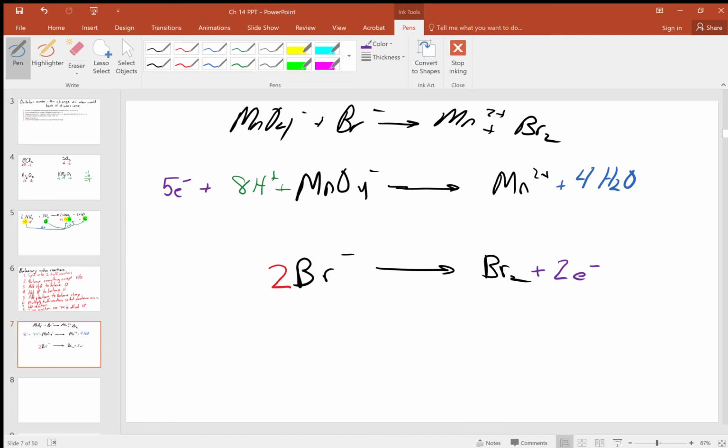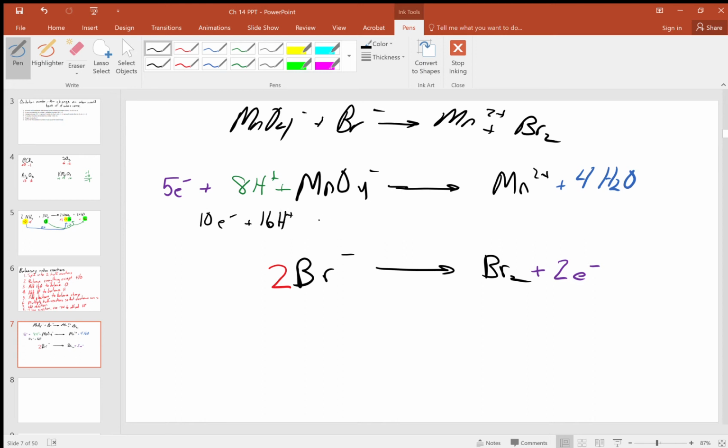Now our 2 half reactions have a different number of electrons, and we need those to be equal. In order to make those equal, we're going to have to multiply both reactions to get those numbers of electrons equal. So if we multiply the first reaction by 2, that gives us 10 electrons.